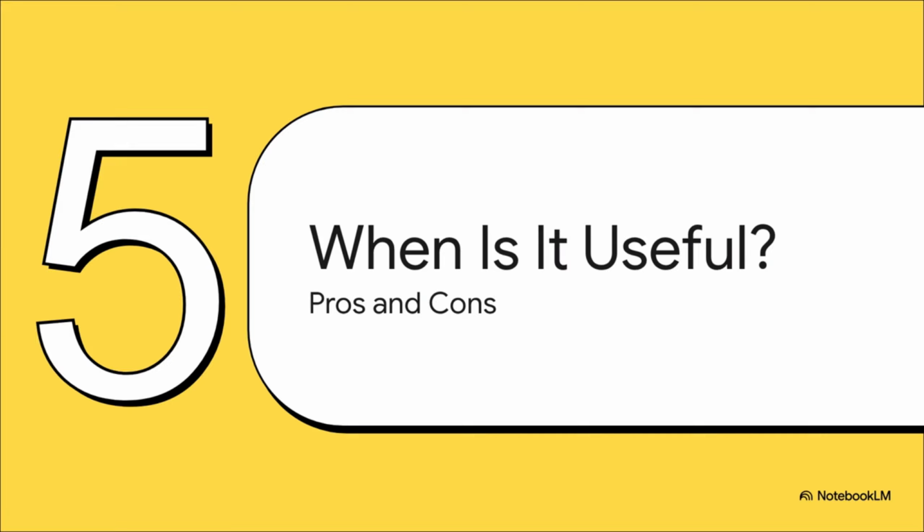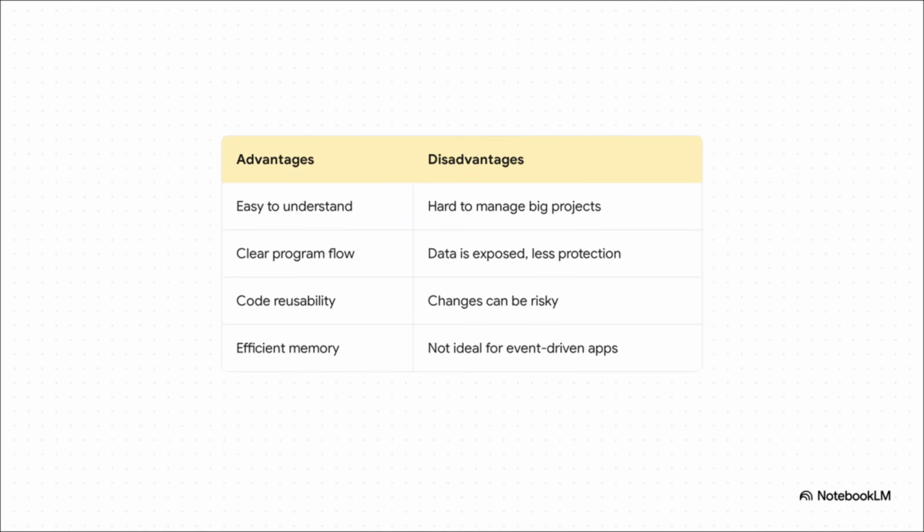Okay, so we have our recipe book full of procedures and these cool control structures. But is this step-by-step approach always the best way to cook, so to speak? Let's talk about the pros and cons, when procedural programming really shines and when it doesn't. So the advantages are pretty clear, right? It's simple. That top-down flow is really easy to follow, and using procedures means we can reuse our code.